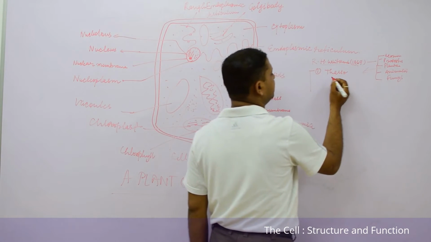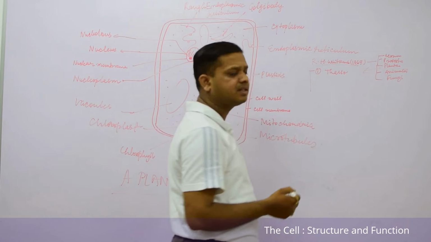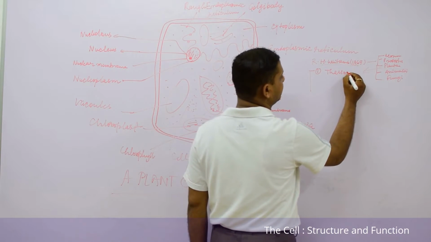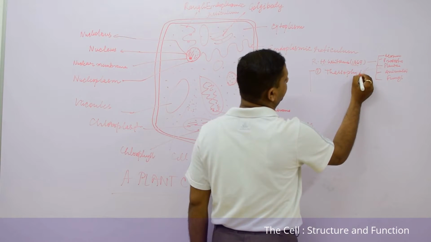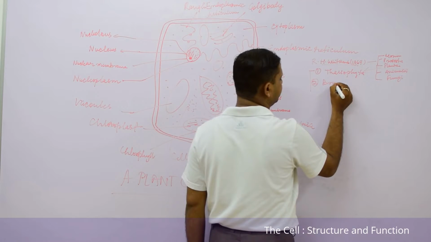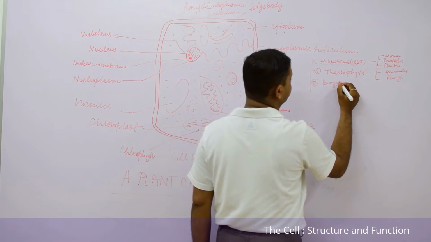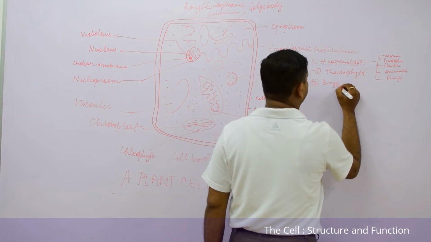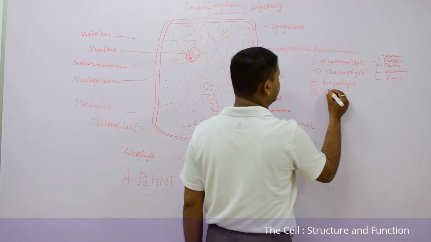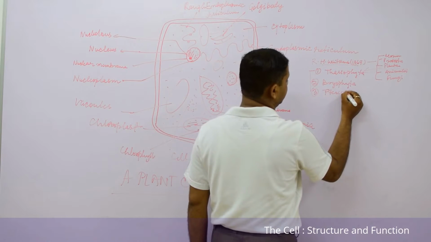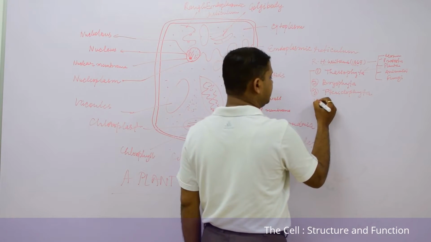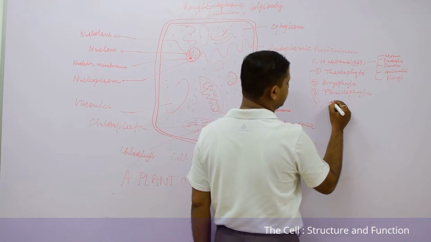In the plant kingdom, further division takes place. The first division, as we can find, is called Thallophyta, and the second is known as Bryophyta. Third is known as Pteridophyta. Fourth is called Gymnosperm.